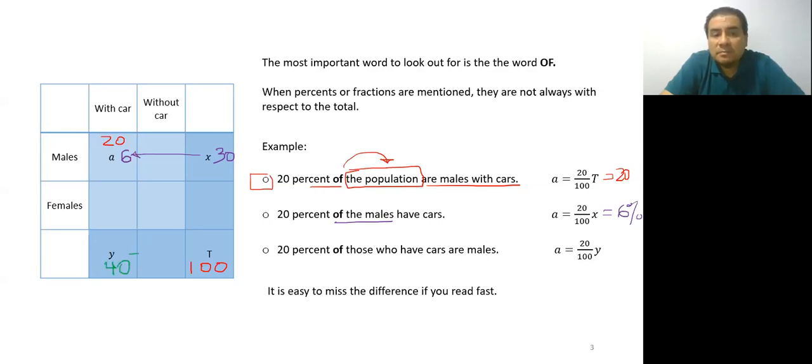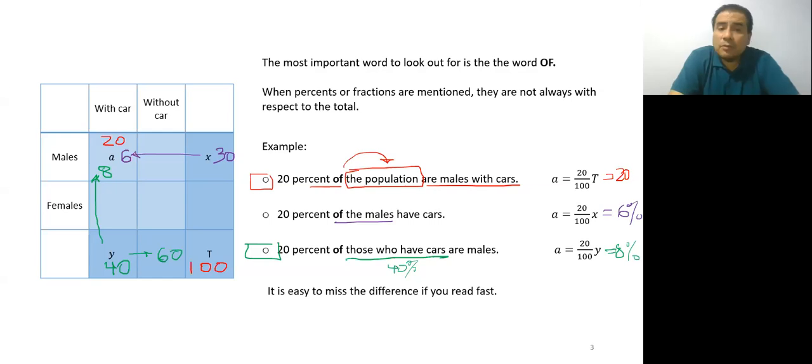So that would mean 60% wouldn't own a car. But as they are telling you here that 20% of those who have cars are males, then it follows that those who have cars here are 40%. So 20% of 40% is actually 8%, right? So here, the correct value to fill in would be 8.